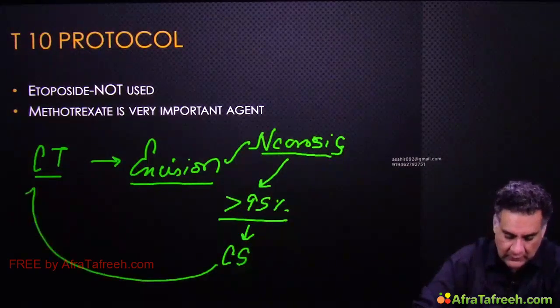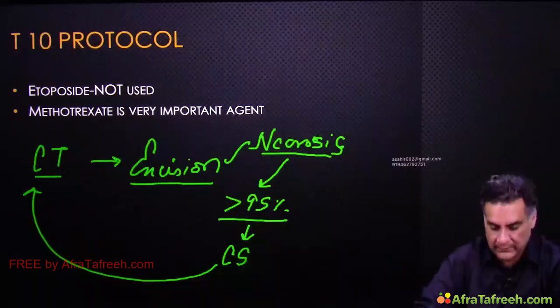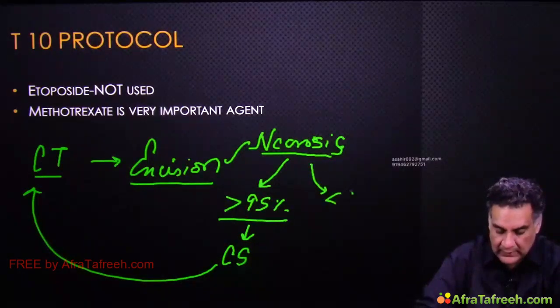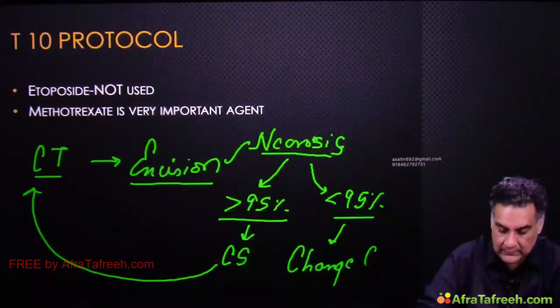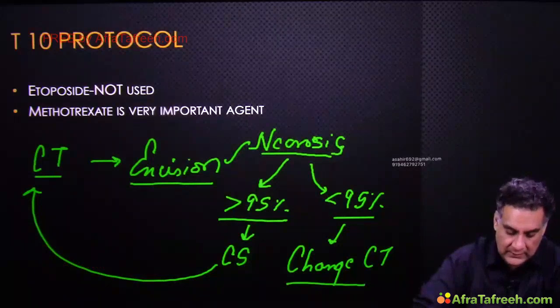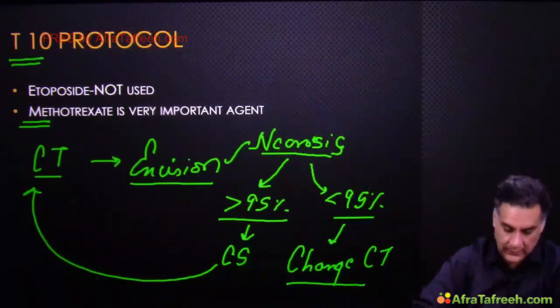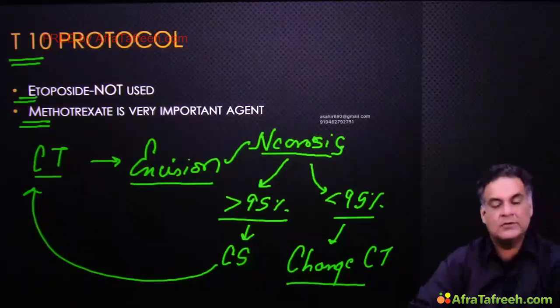Give the same chemotherapy as the adjuvant chemotherapy. And if the necrosis is less than 95%, change the drugs. This is the T10 protocol. Remember, methotrexate is the most important drug. Etoposide is not used.